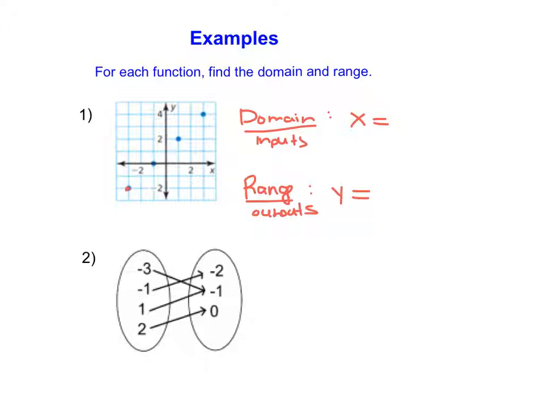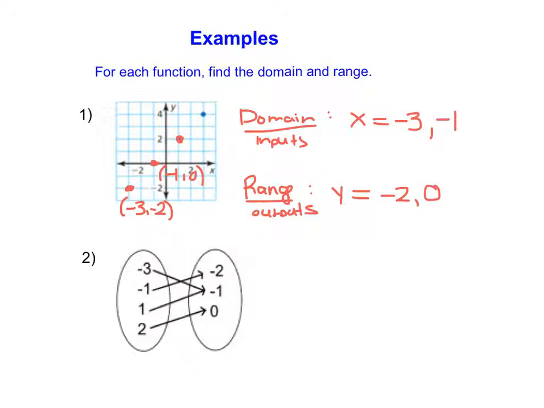Then I start with each point. So this point right here is the point x is -3, y is -2. So my input for that particular point is x is -3, and my range, which is my output, is y is -2. Then if I go to my next point, here I have x is -1, y is 0. So my input is -1, my output is 0.